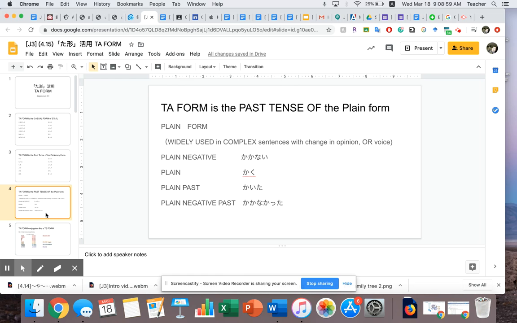Now we have plain past, which is the ta form, the plain form of the past positive. Then we have the plain negative, which is the plain form of the present negative. It's the nai form. And then the plain past negative is the nakatta form.